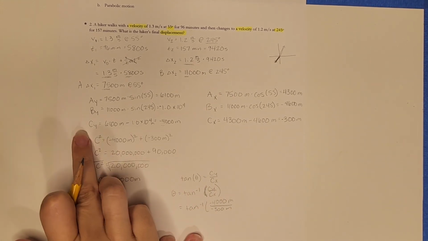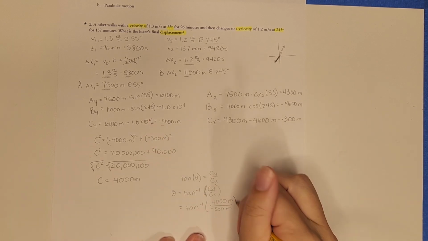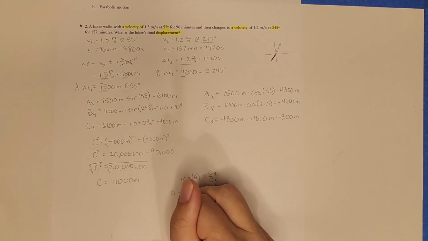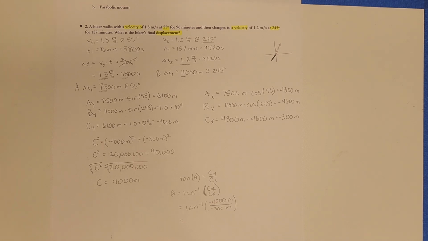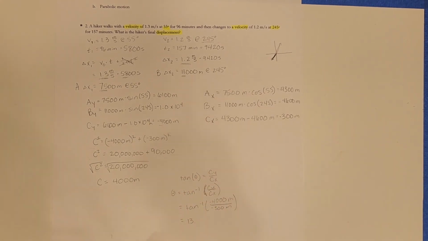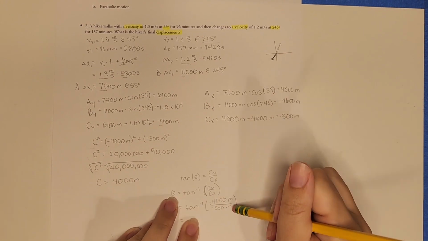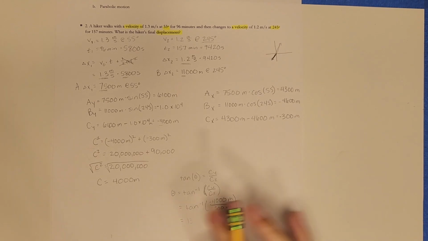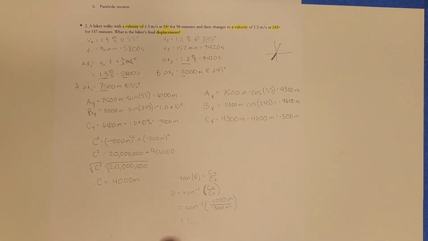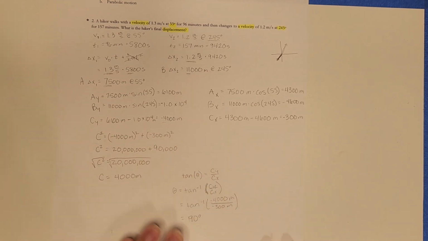And this is why I always do the y first, so I'm just doing it in the same order as what I did the problem. And with that angle, we're going to get 13 point, and it's 0.33333. Sorry, so this will be 13.33333, repeating, taking the inverse tangent of that, and we get 90 degrees.